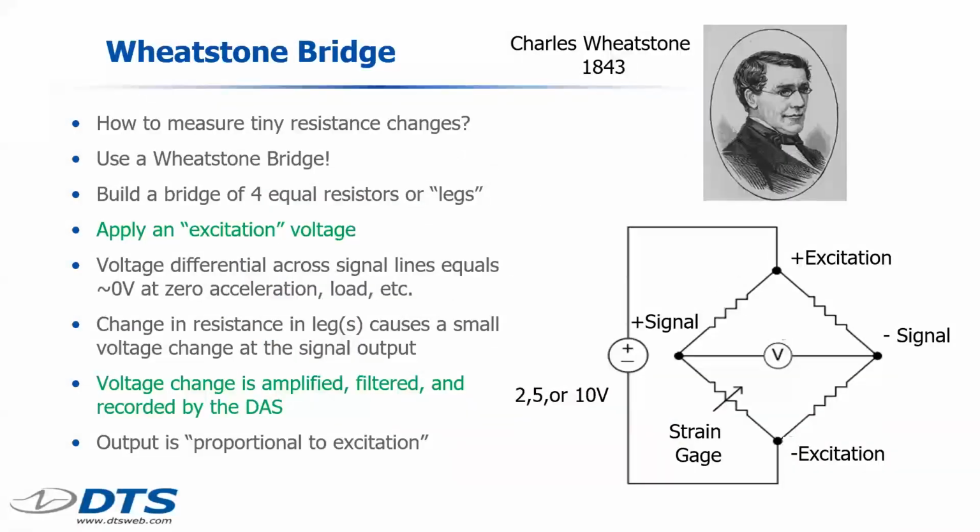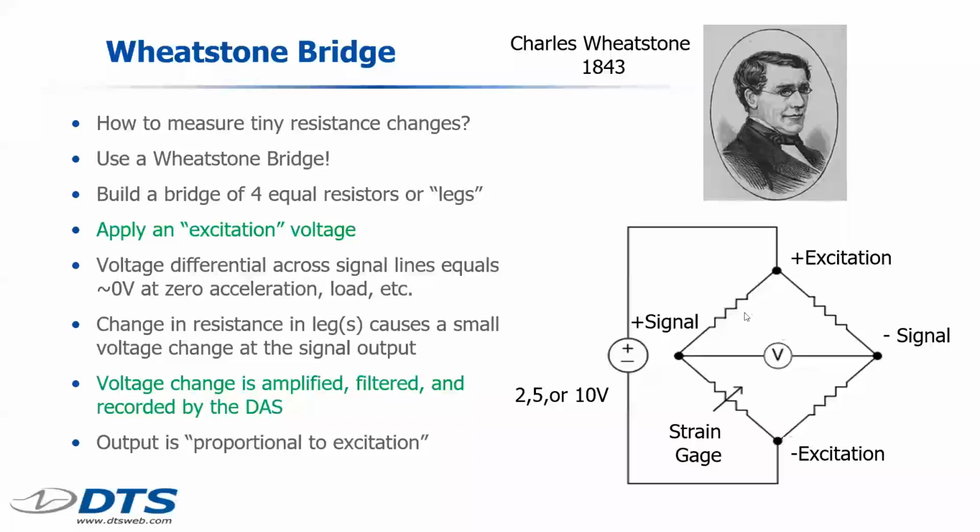Enter the concept of the Wheatstone Bridge. Remember that strain gauges change their resistance, but they only change their resistance in very tiny quantities, fractions of an ohm. And so the concept of the Wheatstone Bridge allows us to measure tiny resistance changes by building a 4-element bridge as shown on the right.